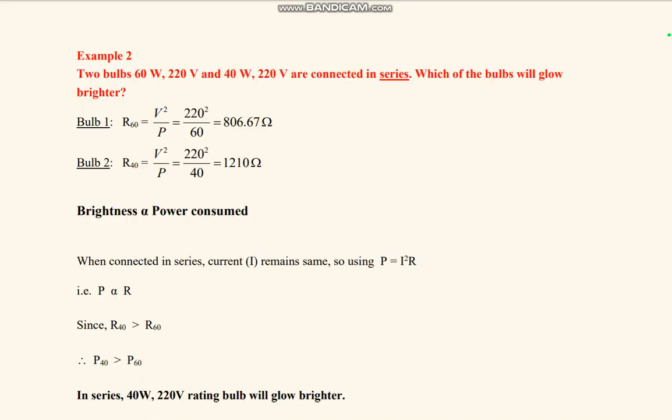Now let us come to the second question. In this question you are given that there are two bulbs of rating 60 watt 220 volt and 40 watt 220 volt respectively. Now when you connect these two bulbs in series, you are asked which one will glow brighter. You need to find that when they are connected in series, which one will glow brighter.